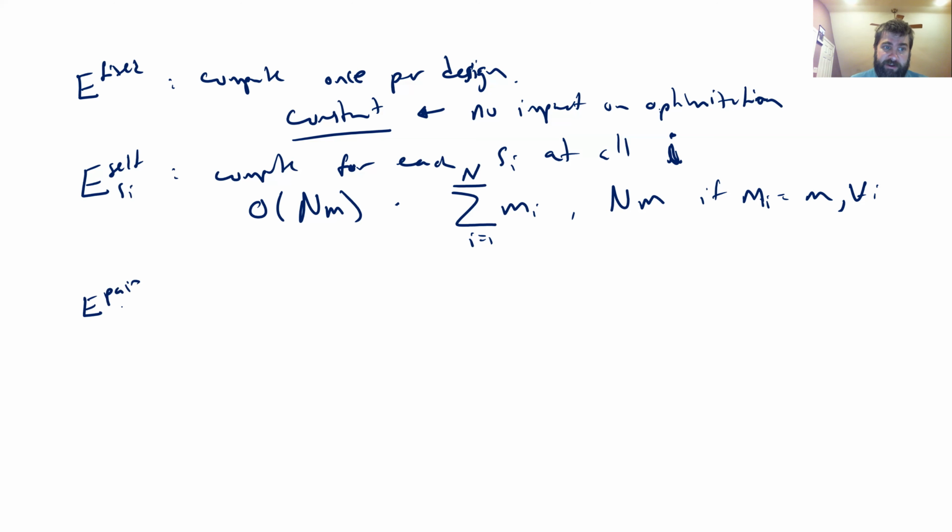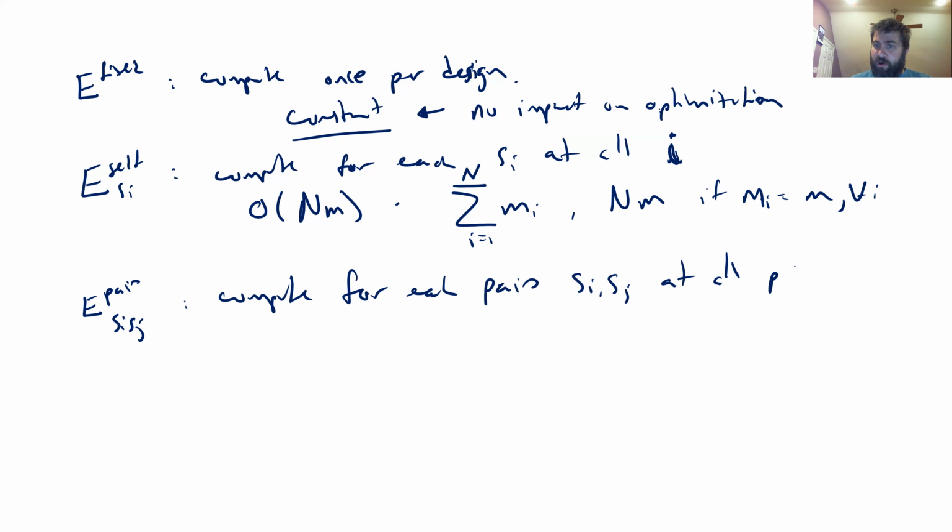Then the pair energies, S_i, S_j, we need to compute these for each pair, S_i, S_j, at all pairs of positions.